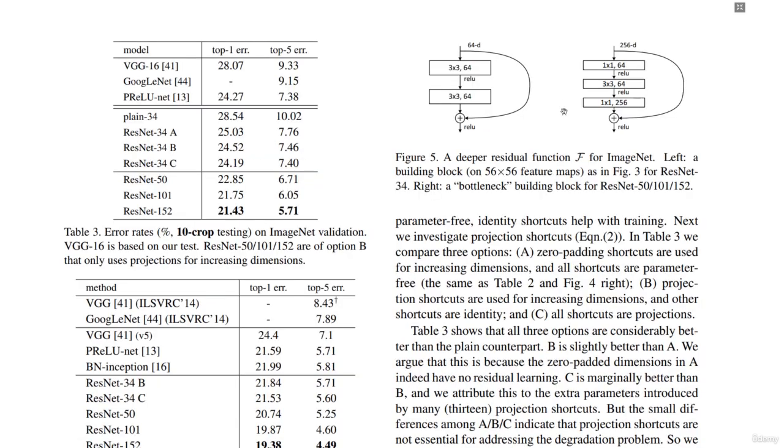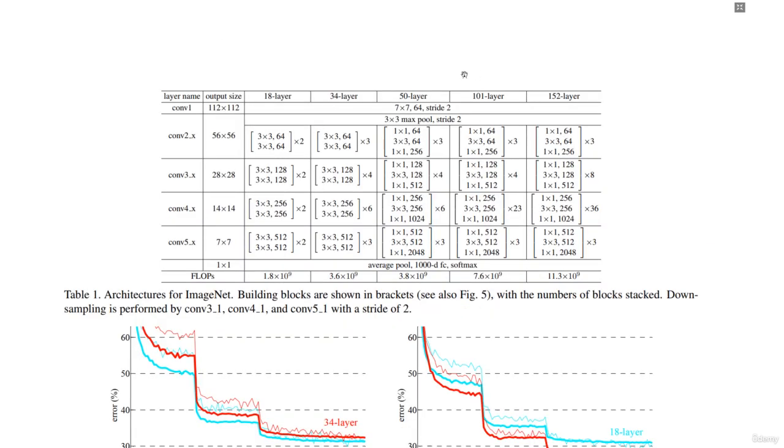And then for the ImageNet classification task, the top 5% error for ResNets goes right up to 5.71, and the top 1%, 21.43. Also notice that as we increase the number of layers, we move from these ResNet blocks made of just 2 layers, that is just 3 by 3, 3 by 3, to these ResNet blocks made of 3 layers.